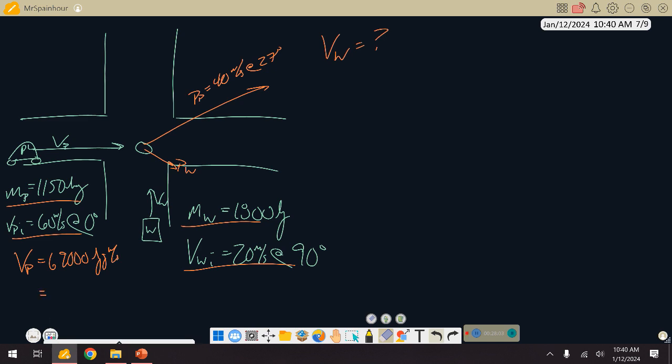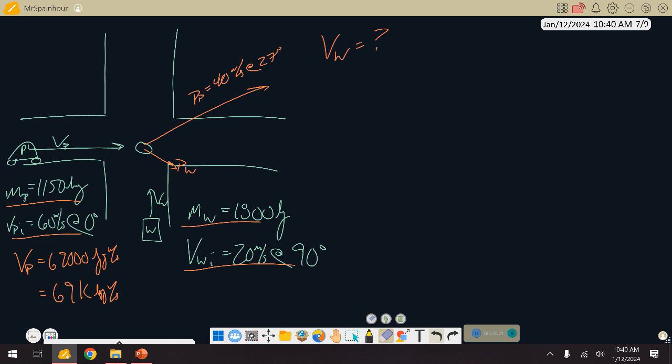To make my life easier, I'm going to say this is 69 kilogram meters per second, so I write 69 instead of 69,000 every time, because otherwise I have to write a bunch of zeros and it takes a lot of time.